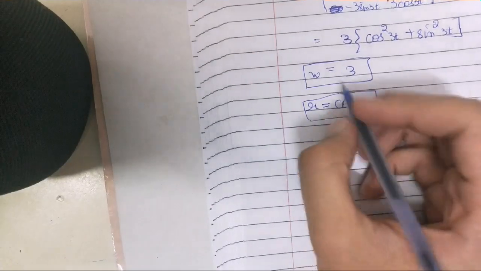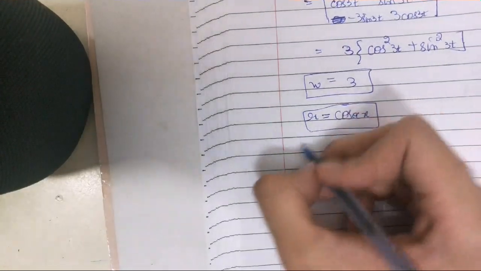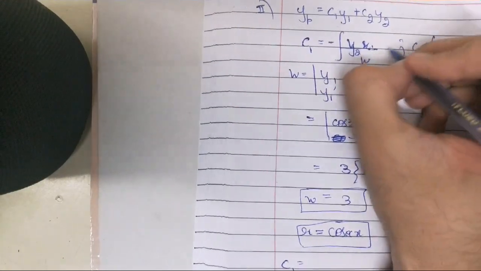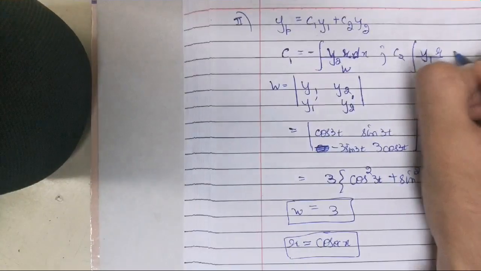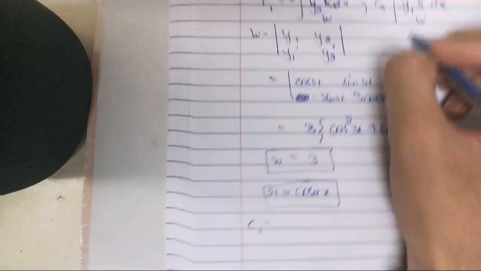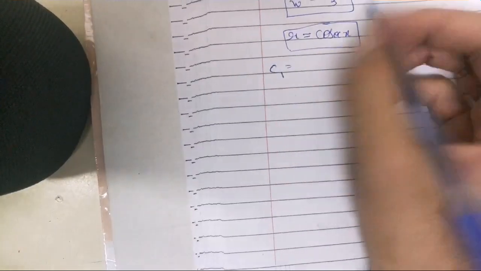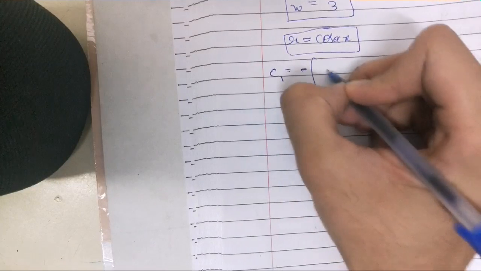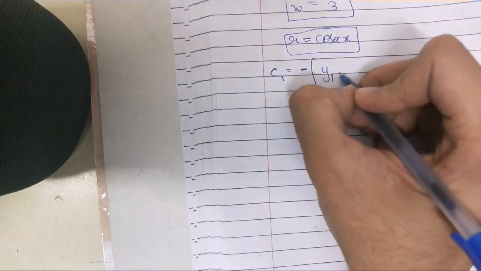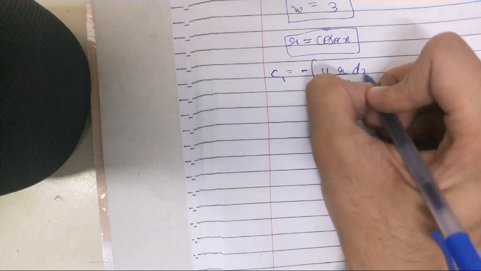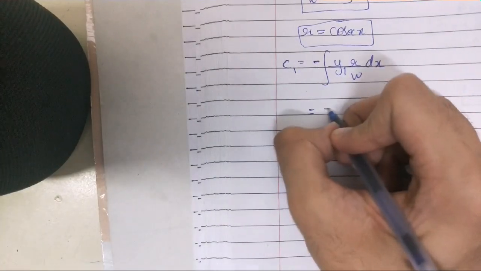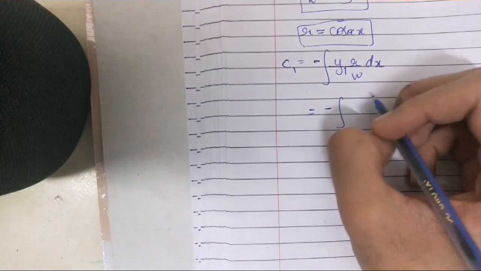So now since we have W, R, y1 and y2 with us, let's get to finding C1 and C2. Before that, I forgot to place the differential dx here. Let's find the coefficient C1, that is given by minus integral of y2 R by W dx. Let's substitute the values.